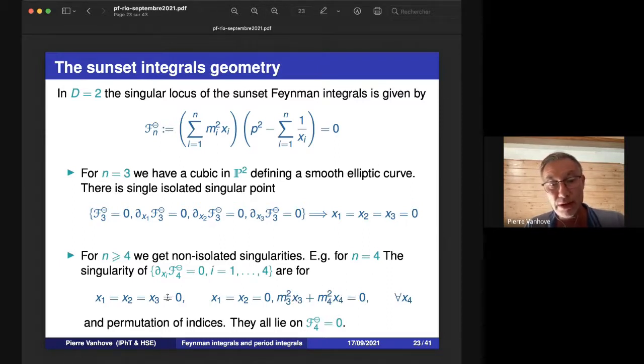And the thing is that this singularity of the Jacobian, they all lie on F. So as soon as you are on this configuration or on that configuration, F equals 0 as well. And then, with all the cases from the permutation of the indices, of course, you see that there are non-isolated singularities.